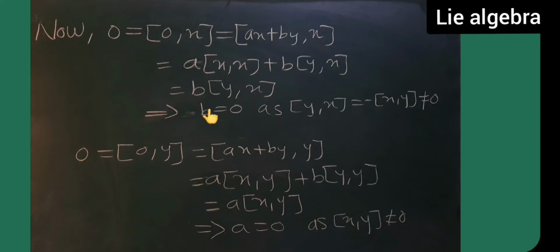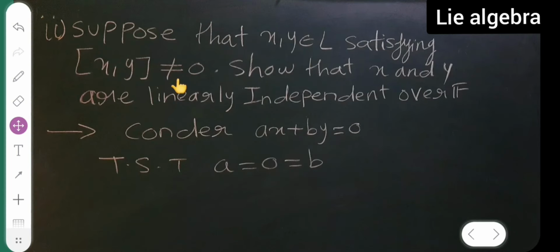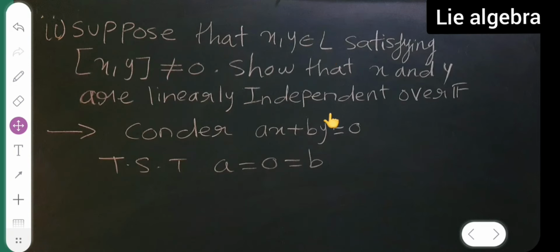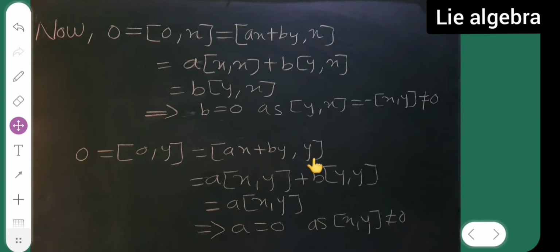Next, first we have showed it with x, right? Here, because x, y belongs to L, Lie algebra, the first part is done, [0, x]. Now I will do it with [0, y]. So 0 is equal to [0, y], the Lie bracket of 0 comma y, where 0 is ax plus by, right? So write it, [ax plus by, y] with y as it is.